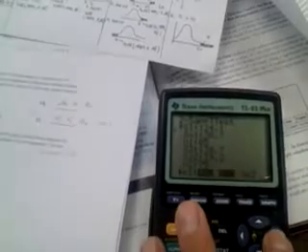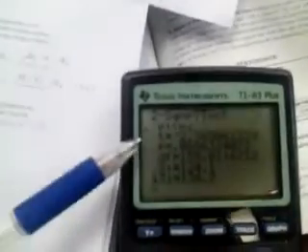And then put unpooled, less than. Calculate. So you got your t-score over there and the p-value.